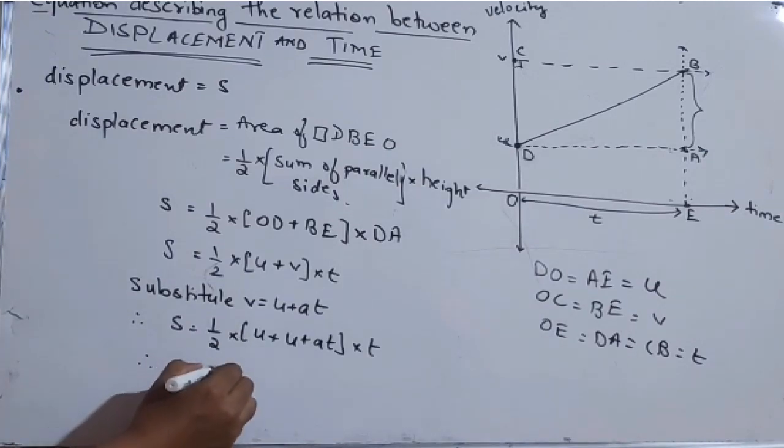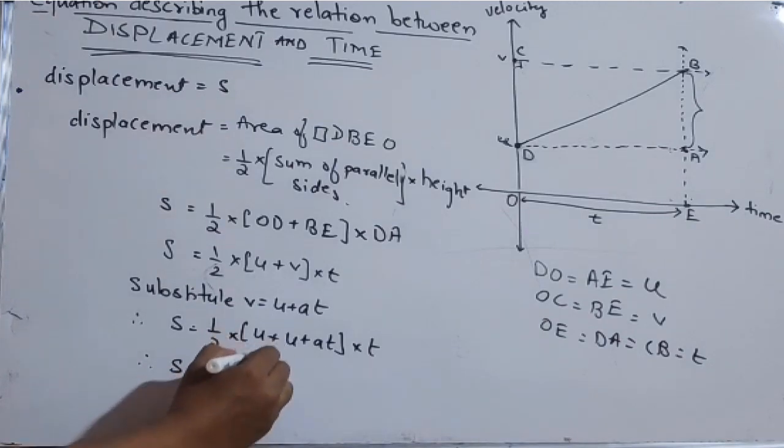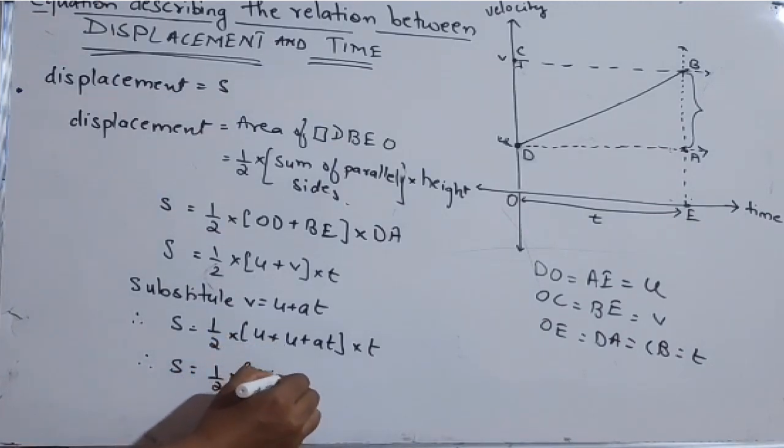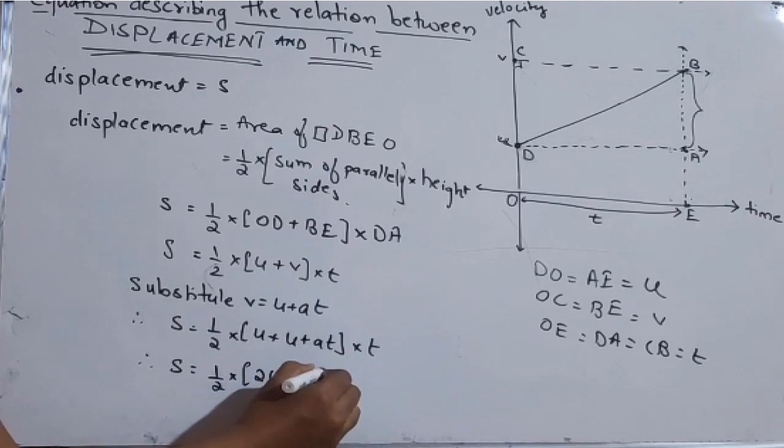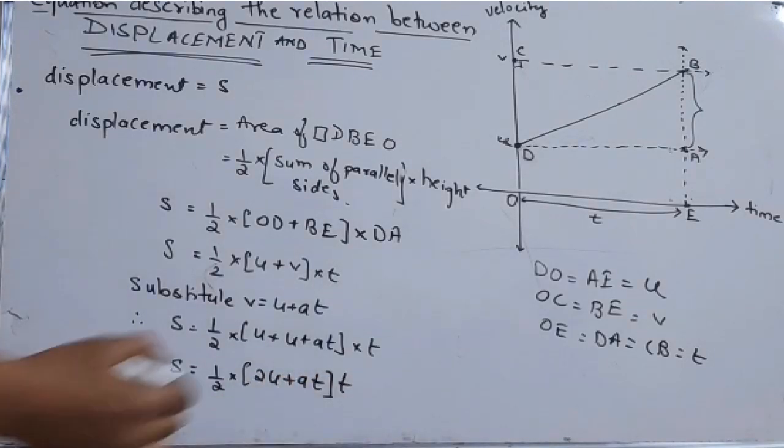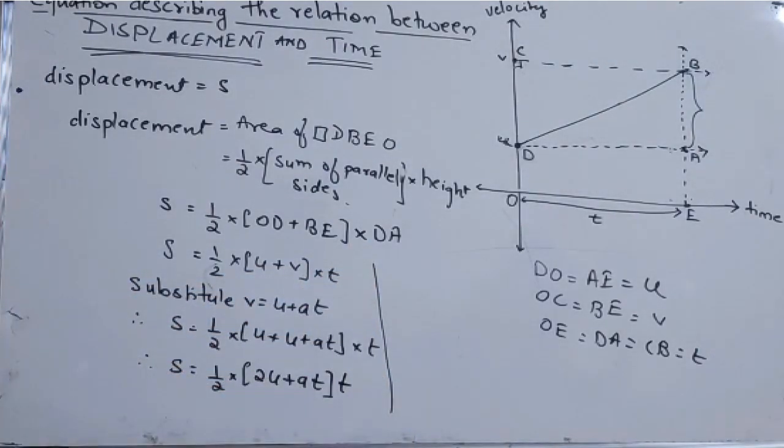Therefore, S is equal to half into 2U plus AT, multiplied by T. I'm continuing on this part.